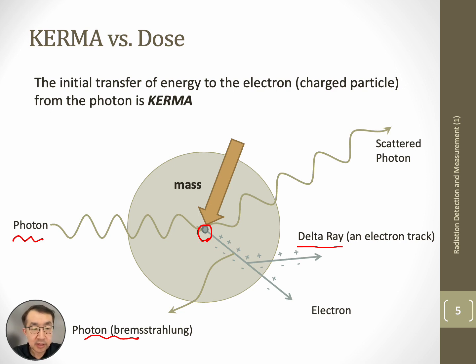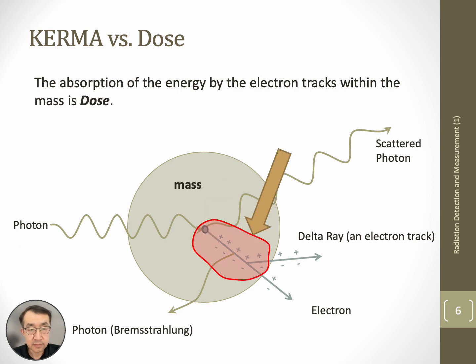So when we define kerma, we are talking about how much of the energy is transferred to the charged particle within that mass. Whereas for dose, it is how much of the energy is absorbed within the mass. I circled that in red here. Remember, all those definitions are by charged particles. The uncharged particle itself cannot deposit any dose.